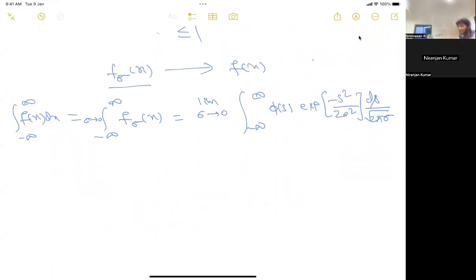Now we make a change of variable, which is we take s by sigma to be some t. This will give you the integral from minus infinity to infinity, where s is t sigma.